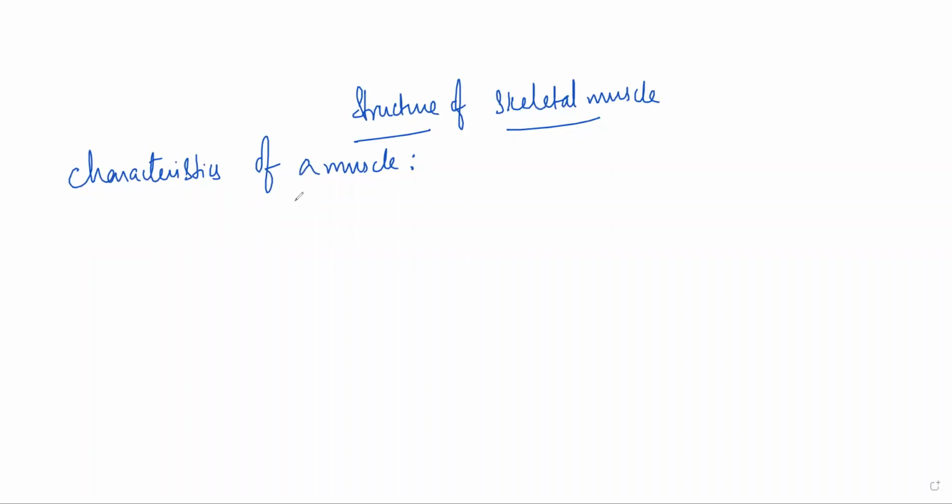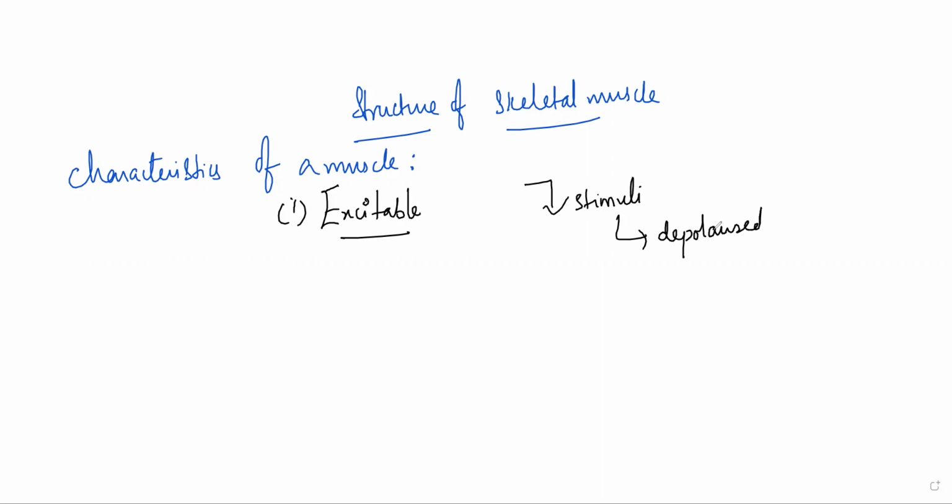First thing is your muscle has to be excitable. These are excitable cells which receive a stimulus, and they get activated, they get depolarized, like your neuron cells.